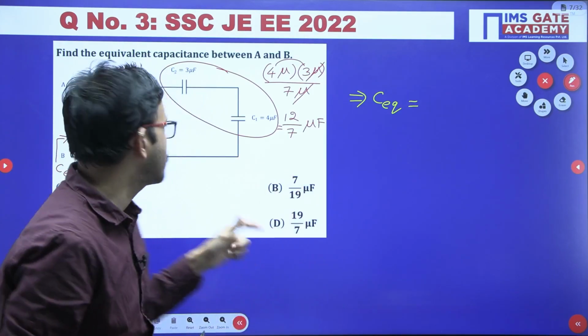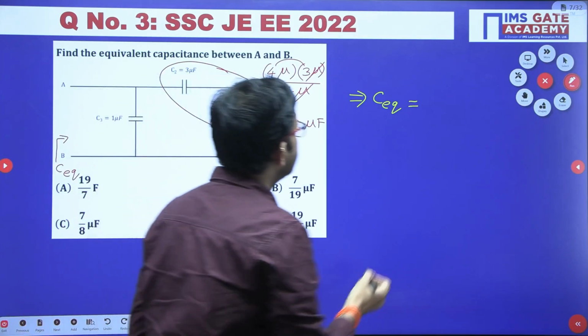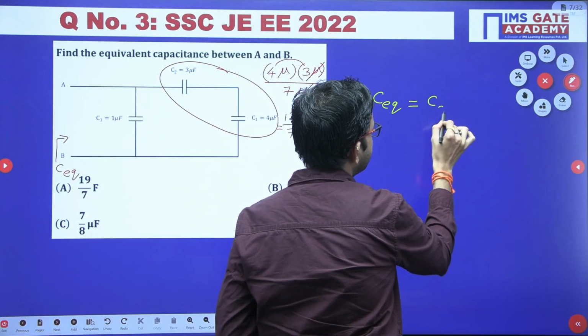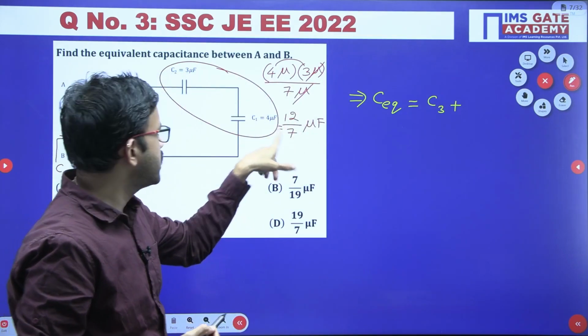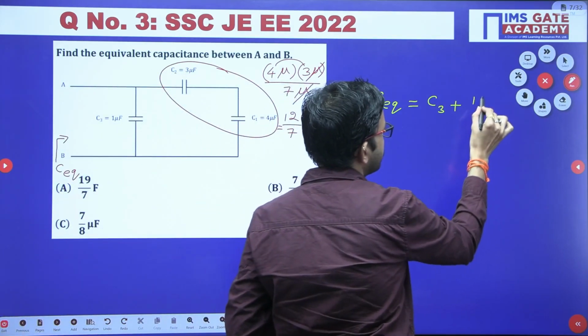That means C3 plus whatever capacitance you just got, that is 12 by 7 microfarad.